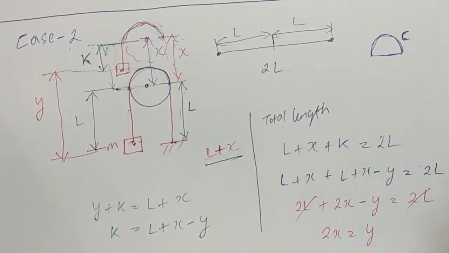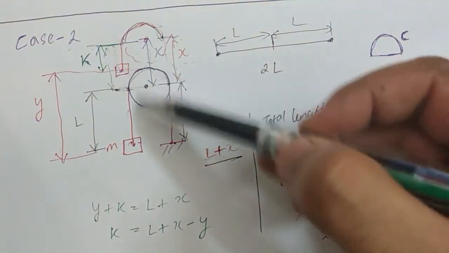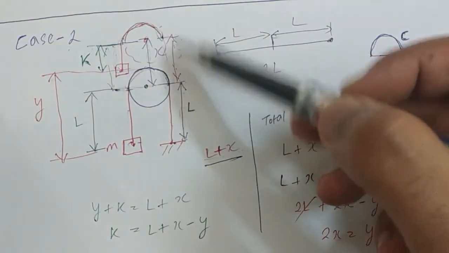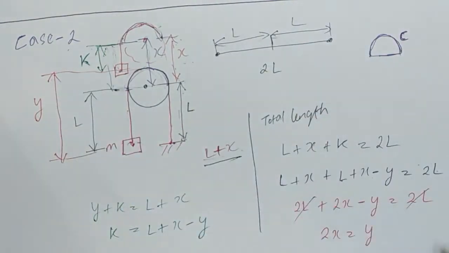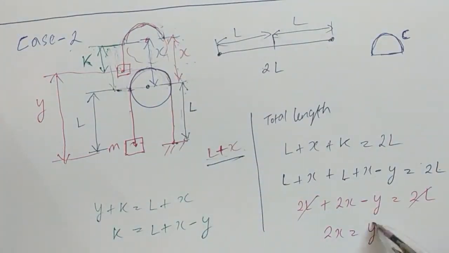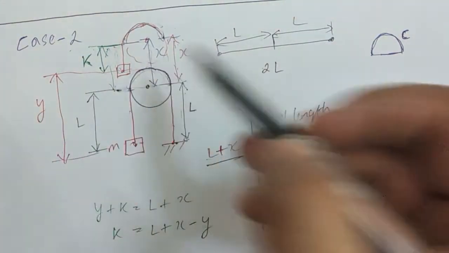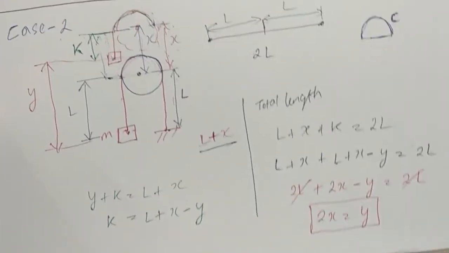So in this situation something different is happening, where if you are raising the wheel by a certain length x, then this block is getting in turn moved by twice this x, y is equal to 2x. So this is a very important result.